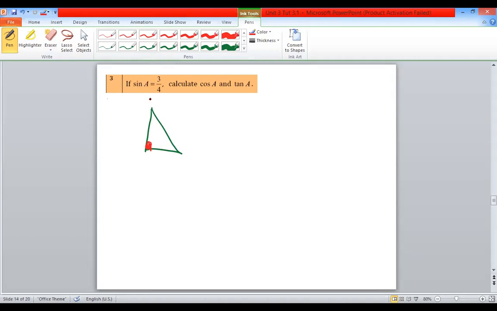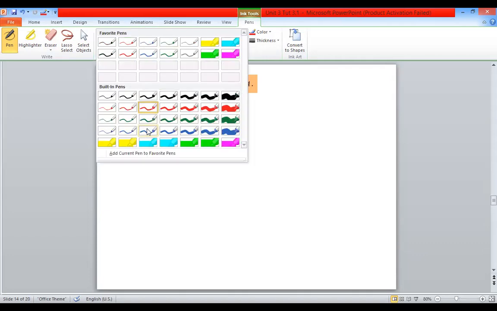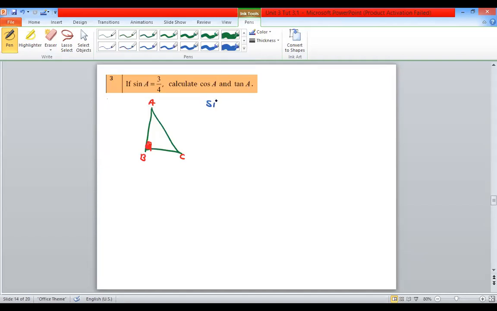Yes, this is your right angle triangle. This is ABC. Here you have sine A. Sine A is 3/4. The formula of sine A is the opposite upon hypotenuse.